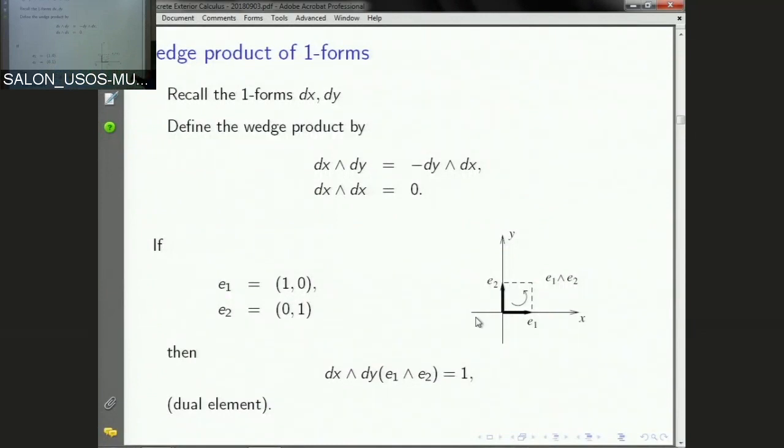We can define the wedge product, or think of the wedge product, in different ways. Define it in a similar way by the rules of anticommutativity, and dx wedge dx equals 0 follows from the first one. Or we can think of dx wedge dy as the dual element of the square E1 wedge E2, which has area 1.